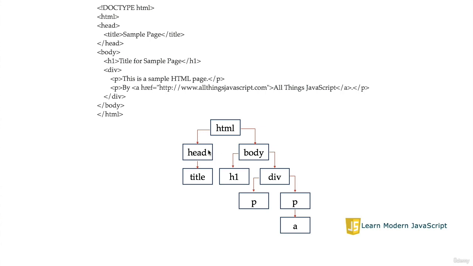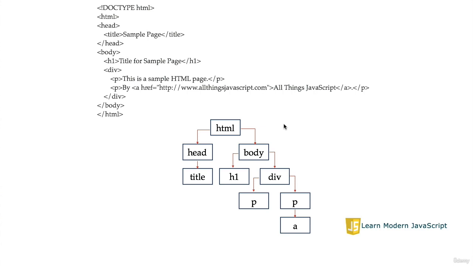A node can also have a sibling. When tags are on the same level, they are considered siblings. When tags are nested inside another tag, they are considered children. These are important concepts for understanding the DOM and working with the DOM.